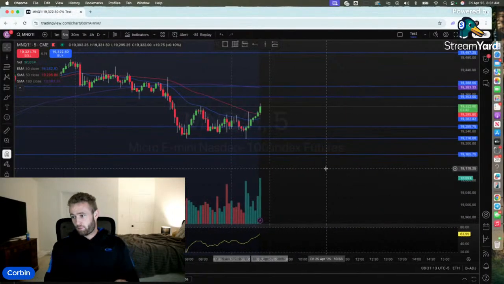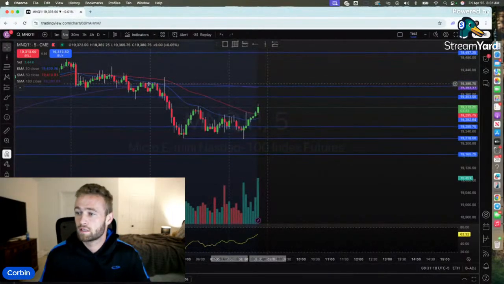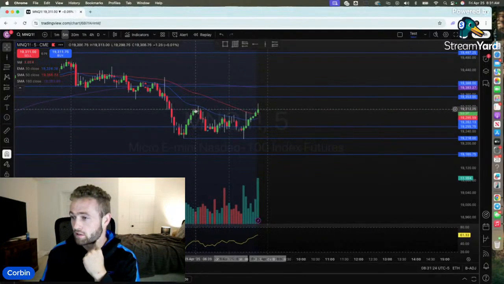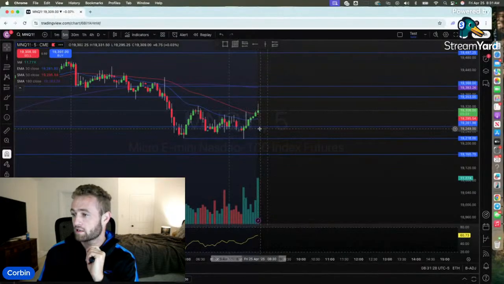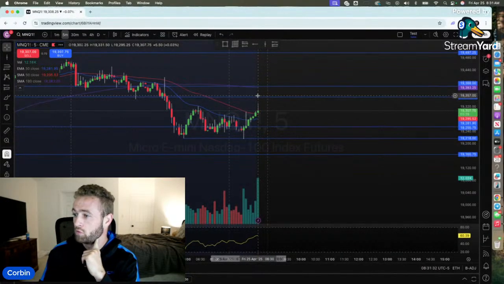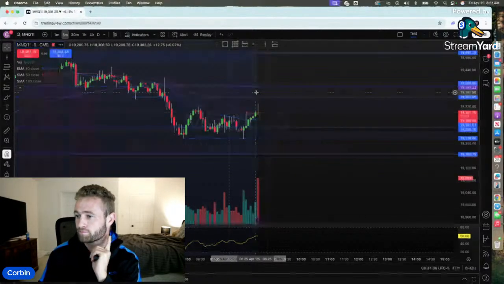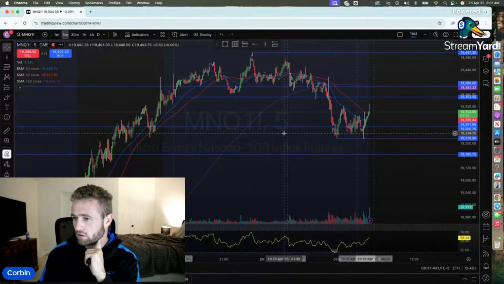So on the 5-minute chart, it was on a bearish pattern. You can see we're kind of breaking some structure right here. I want to see it come down to this level or move up to this level before I make a decision on anything. These two levels are really close to each other.